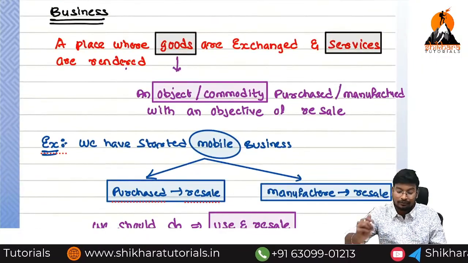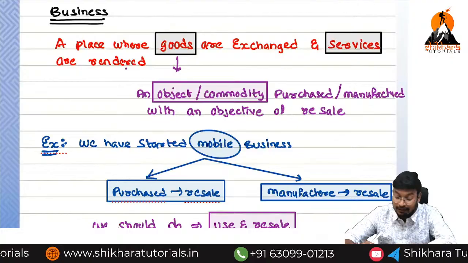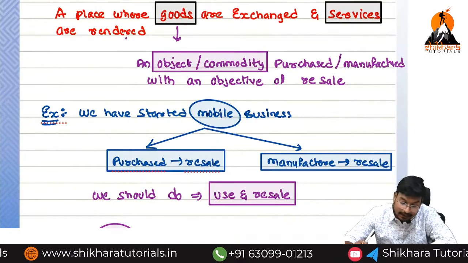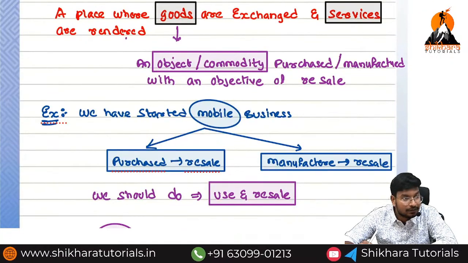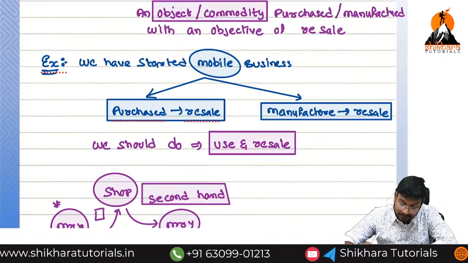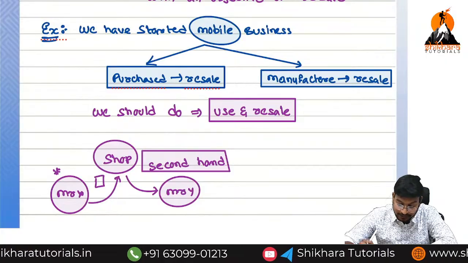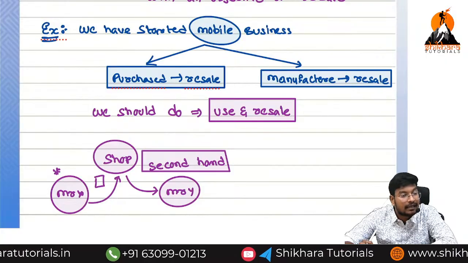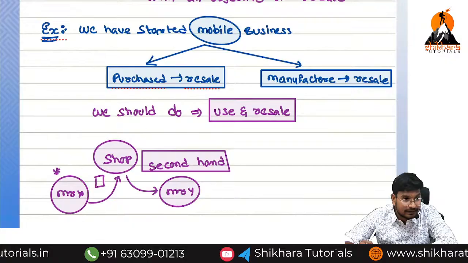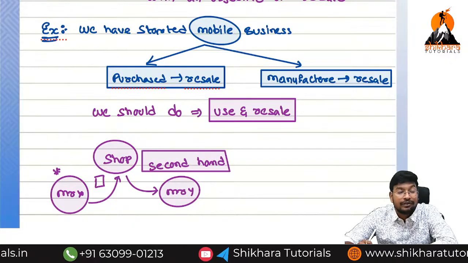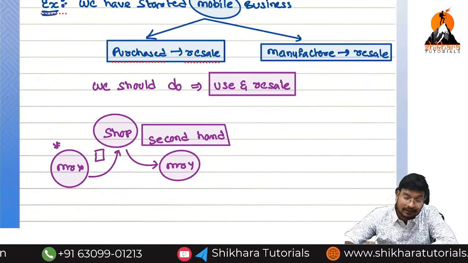So what is the meaning of good? An object or commodity purchased or manufactured with an objective of resale. We have started the mobile business, and here the mobiles are the goods. We can purchase and resell, or manufacture and resell, but we should not use and resell.